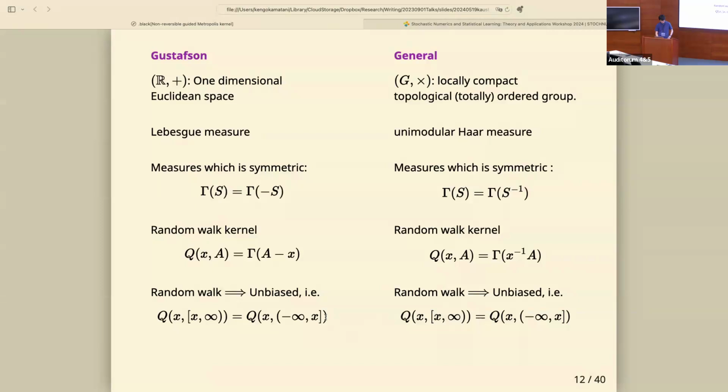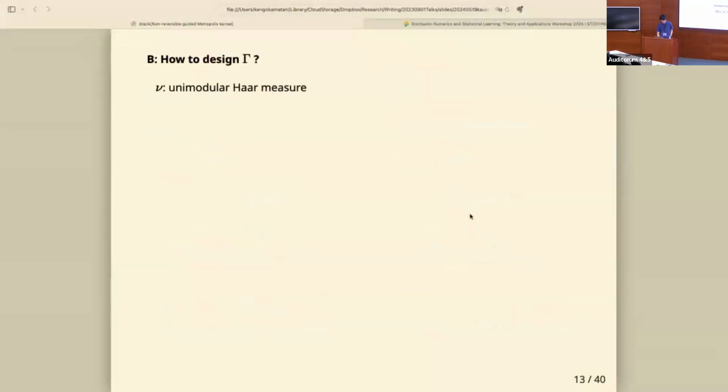Okay, so everything's clear if you have this structure, but one thing we have to do. If we have this symmetric measure, we are fine. But of course, in the beginning, there's nothing, so we have to consider how to make the symmetric measure. So now we are going to the construction of this kind of measure.